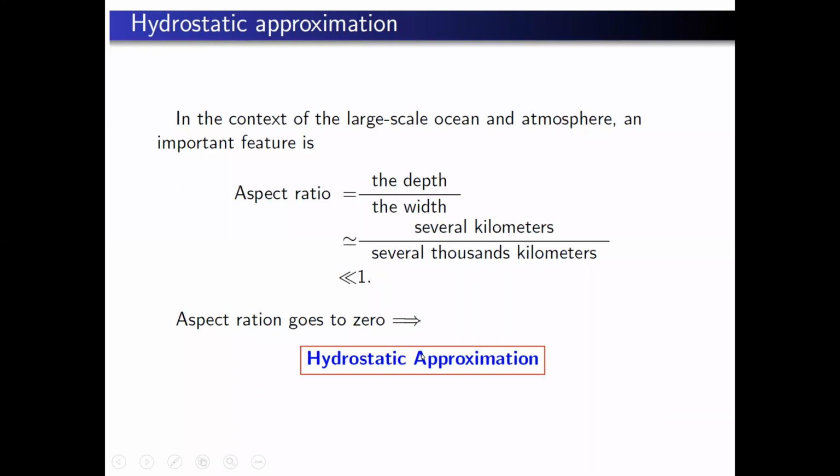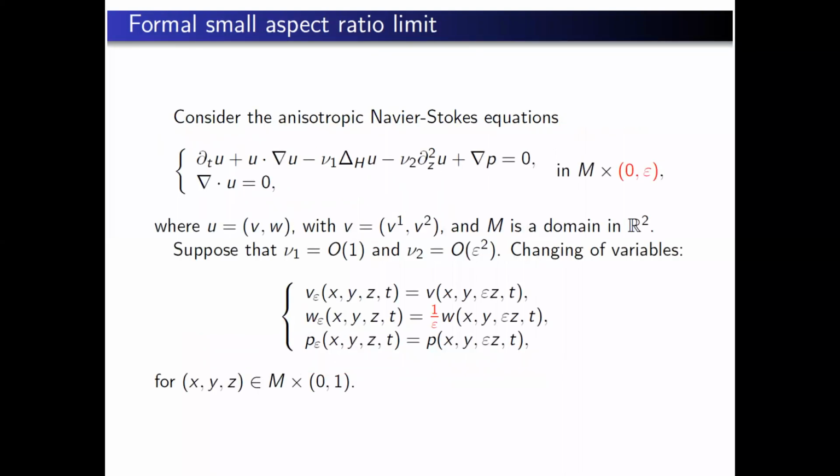So in that sense, we need to justify the hydrostatic approximation, namely that the momentum equation in the vertical direction is approximated by the hydrostatic balance, and we need to justify these steps rigorously. So we consider the anisotropic Navier-Stokes equation.